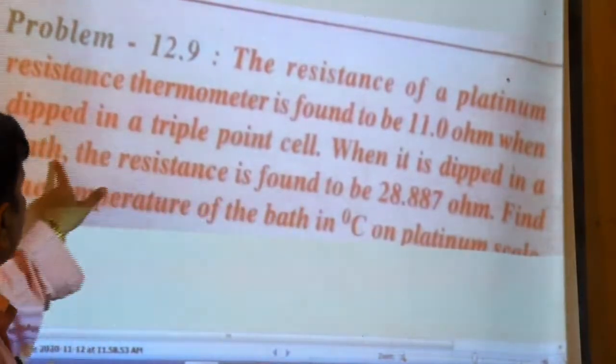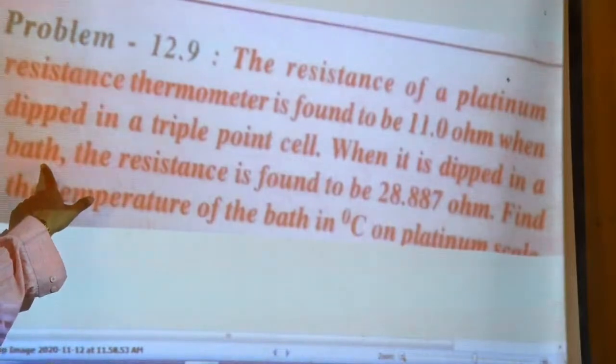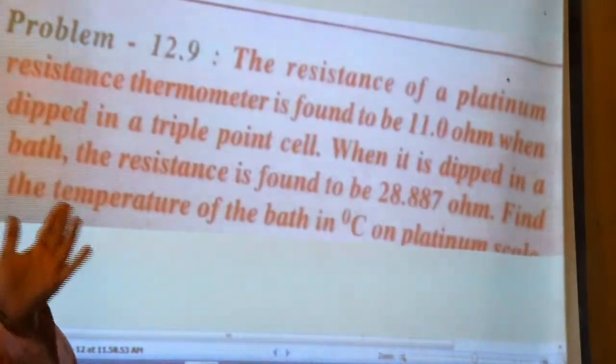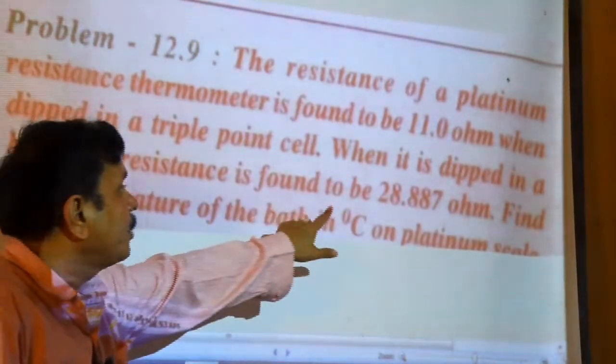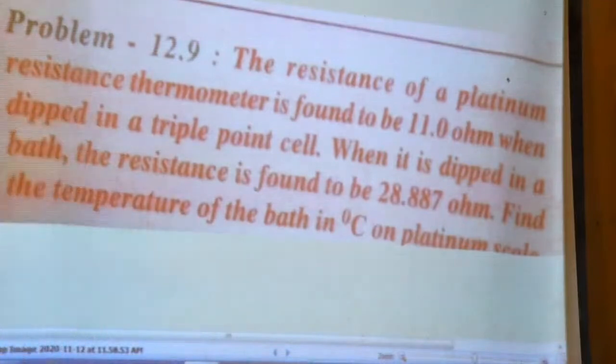So as it is the value at this point, we take xtr. When it is dipped in a water bath, a container containing water at higher temperature, the resistance is found to be 28.887 ohm. It is the general x value, but here it is resistance, so we write R. Then what is asked?